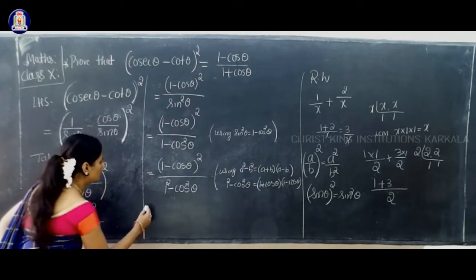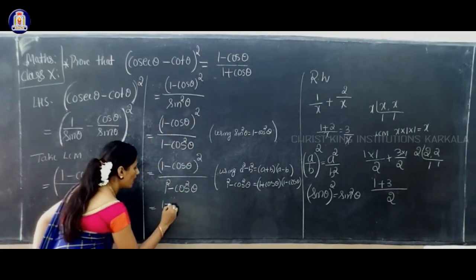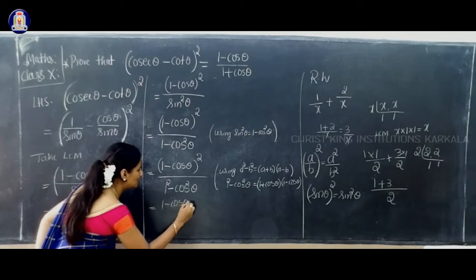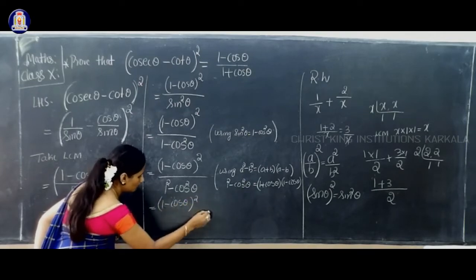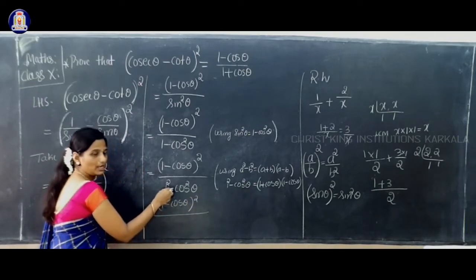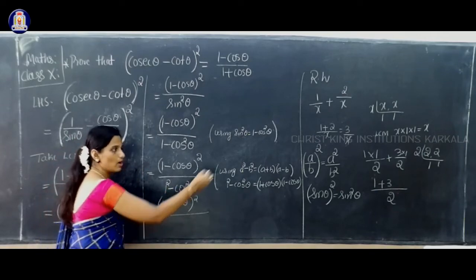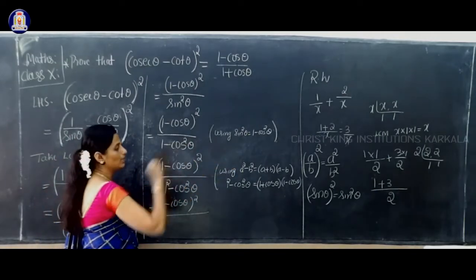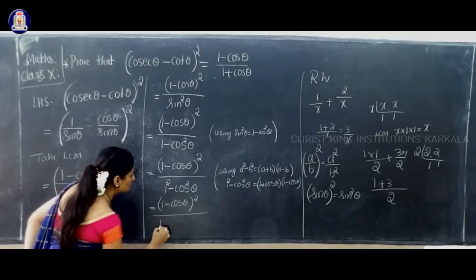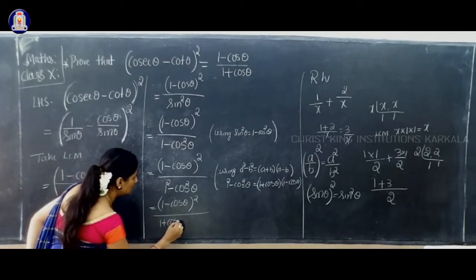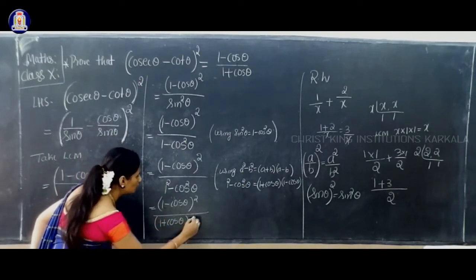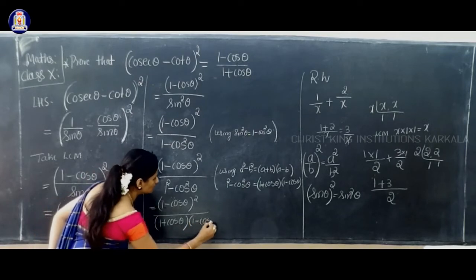Yes. So now that is equal to (1 minus cos theta) whole square divided by, understood now? A square minus B square, A plus B into A minus B. So now it is (1 plus cos theta) into (1 minus cos theta).